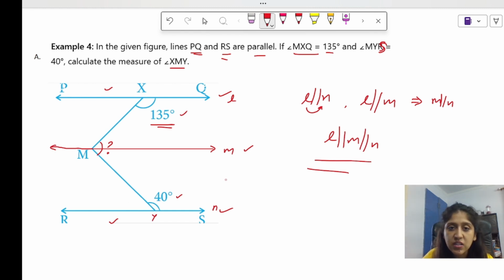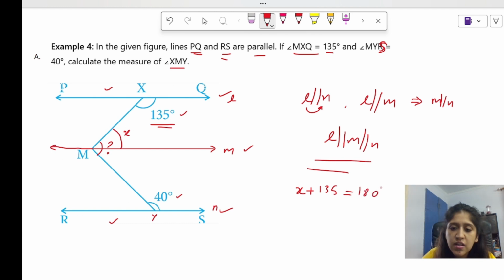अब हम कोई concept लगा सकते हैं whatever we have learned. Okay. Let's just see सबसे पहले. Okay. Now angle this 135 degree, and if I see this angle, can I see something? You can see what is it? It is consecutive interior angle. Yes, it is consecutive interior angle. What we have learned is consecutive interior angles का sum is 180 degree. Okay, let's just take this angle as x, and what we have got is x plus angle 135 degree is 180.